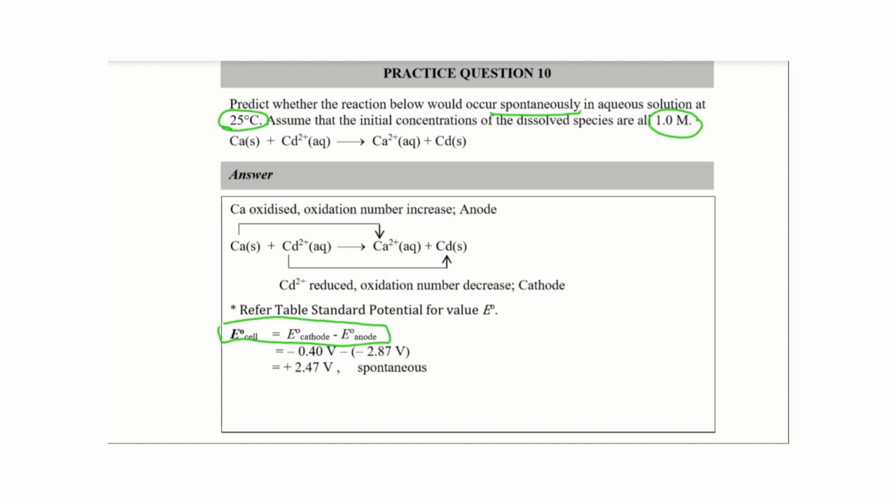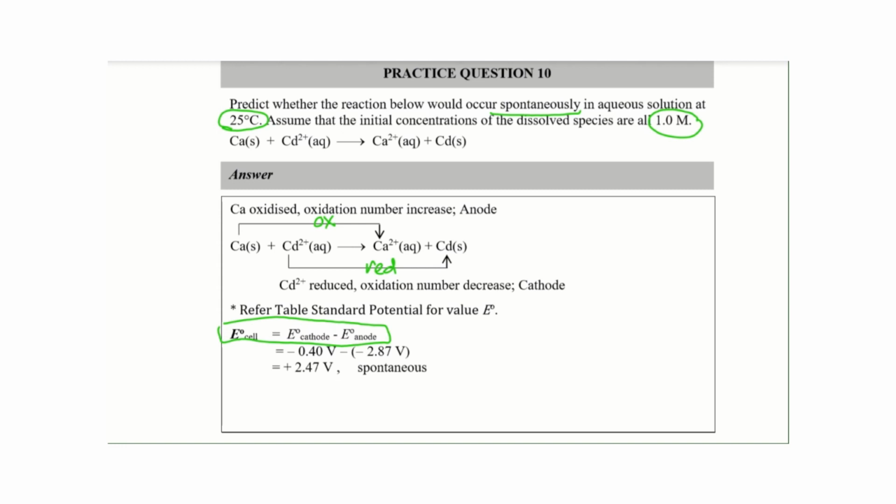Alright, so next, we look. Calcium produces calcium ion, so that means it undergoes oxidation. And then cadmium ion produces cadmium solid, which means this undergoes reduction. So what should we do? We have to refer to the standard reduction potential table to get the E0 values. The E0 cell formula is E0 cathode minus E0 anode.